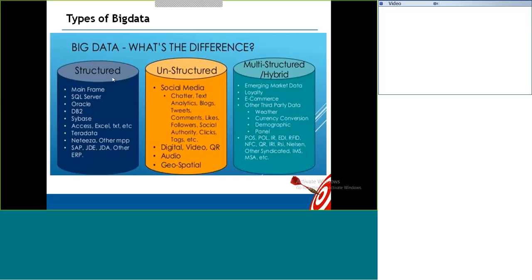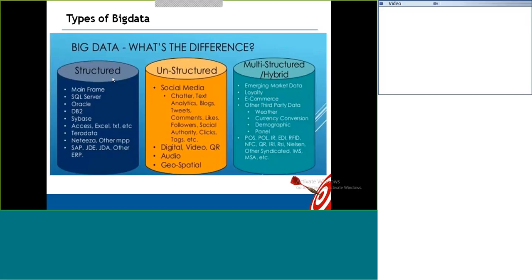Sometimes you are generating structured data. Sometimes a lot of unstructured data is getting generated, for example system logs. Machines generate a lot of logs because everything is integrated with software, like scanners and obstacle scanners. They generate a lot of log data, and you have to analyze that data.